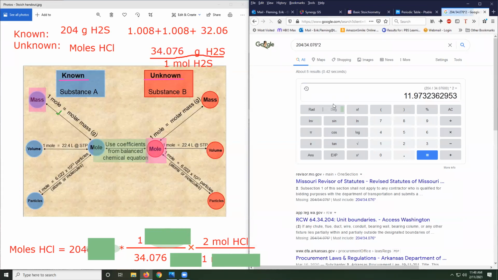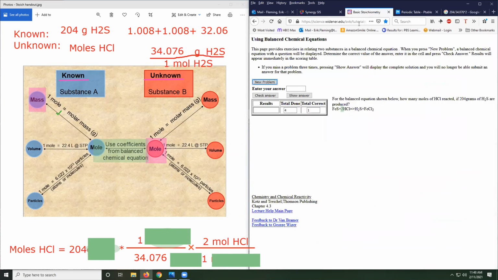And I just skipped all the ones in that. And I got 11.973. That's a lot. We'll put it all in the results. Correct. And that answer is ridiculous. 11.97, that's all we really need.